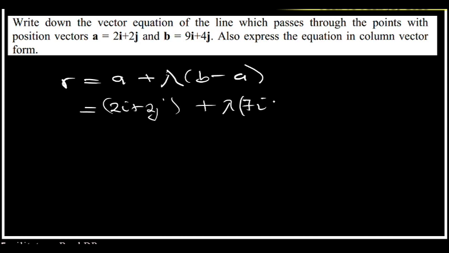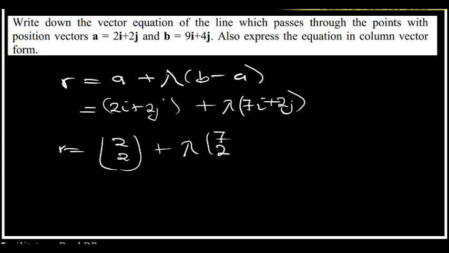Then 4 minus 2 will give us 2j. The question says we should express it in column form. So we have 2, 2 plus lambda multiplying 7, 2.